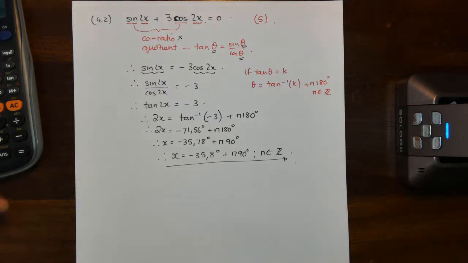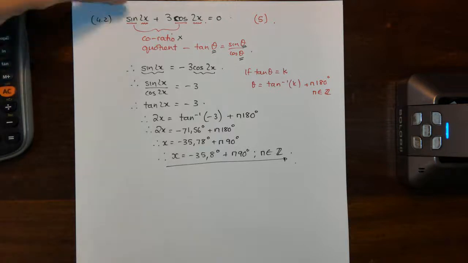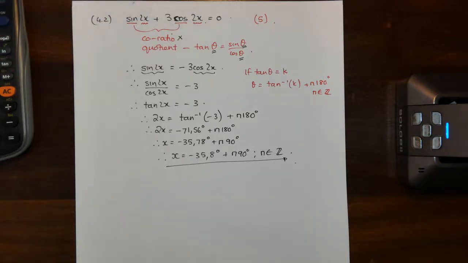Now folks, some of you went off the rails here. Some of you expanded the 2x and expanded the cosine of 2x and then ended up with a quadratic trinomial. Not a problem. It's not wrong. It's just too long. You want to get to your solution in the quickest way possible.